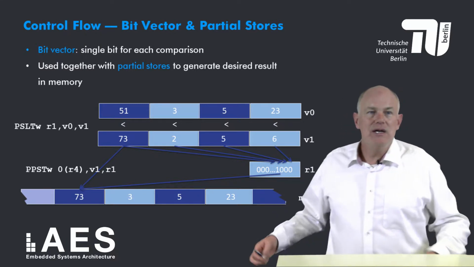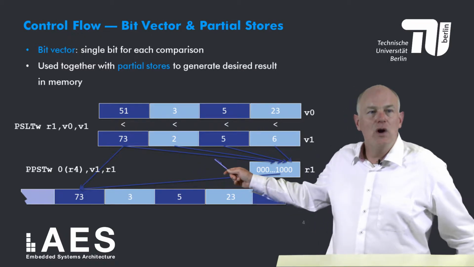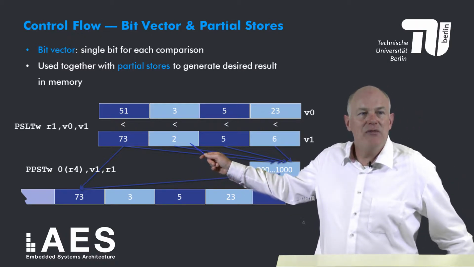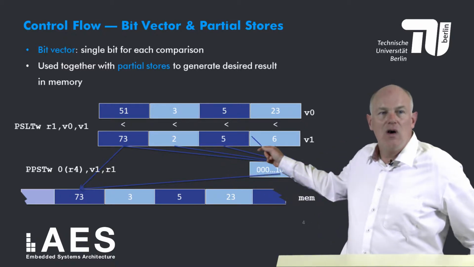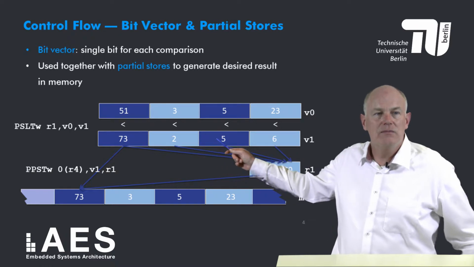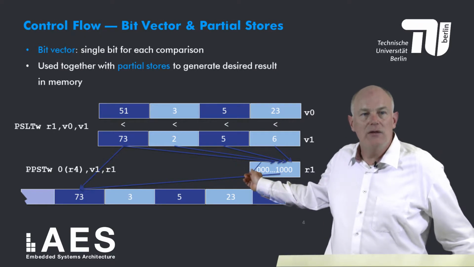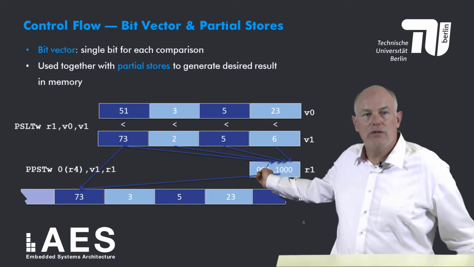For example, suppose we only want to store the word 73 here if it is larger than a corresponding element of this vector here. Then we see that the less than comparison yields a bit 1, corresponding to true, then false, corresponding to 0, again false, again false.